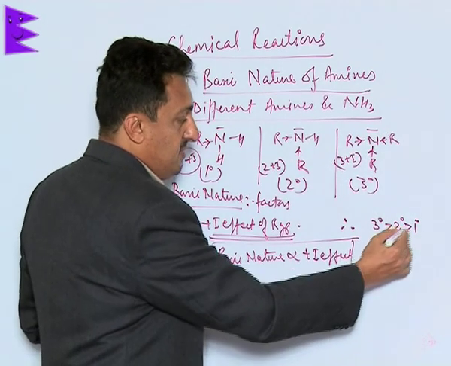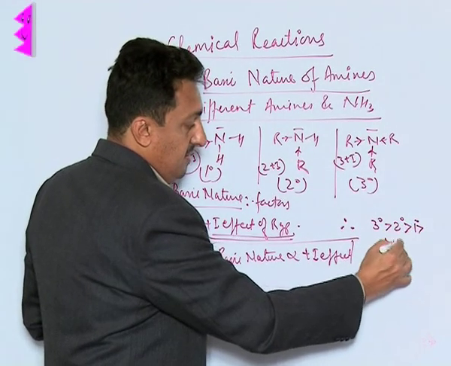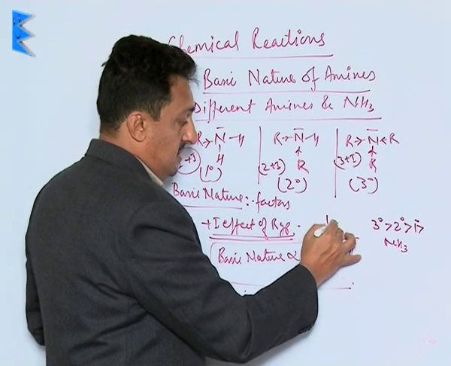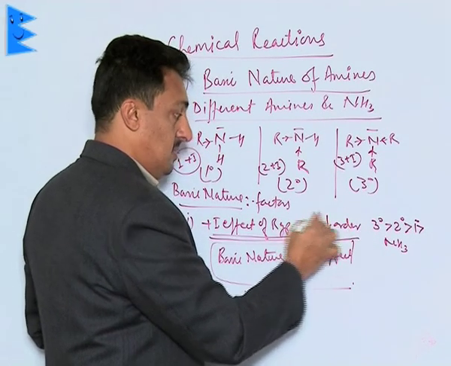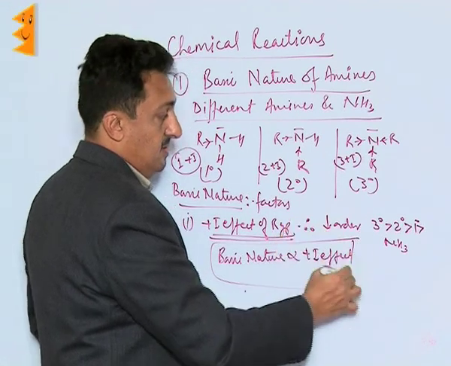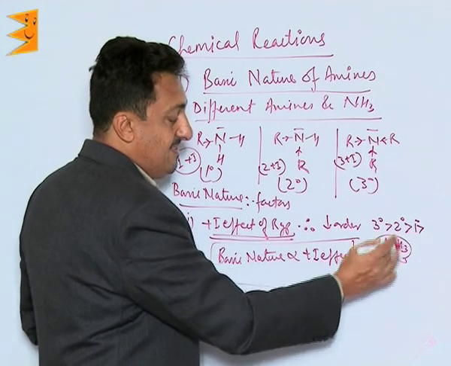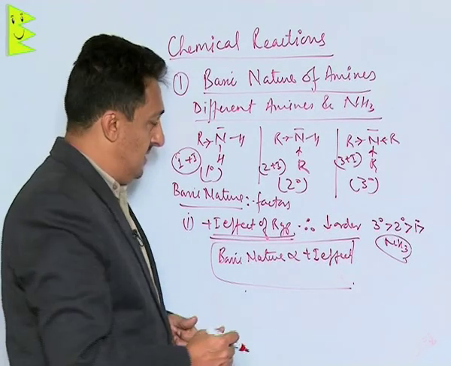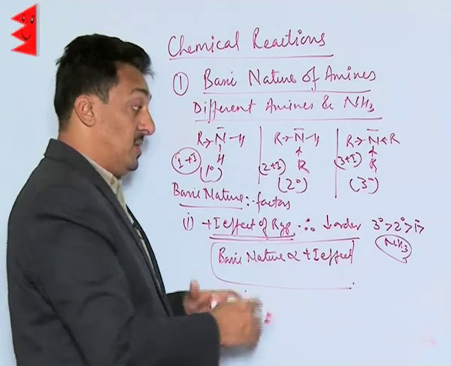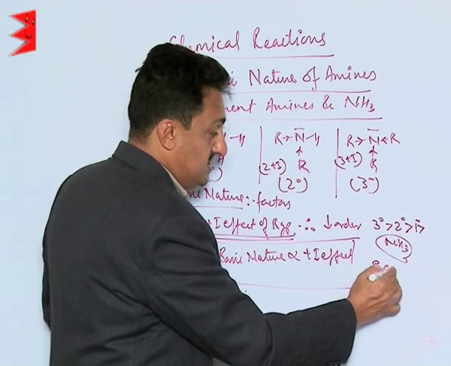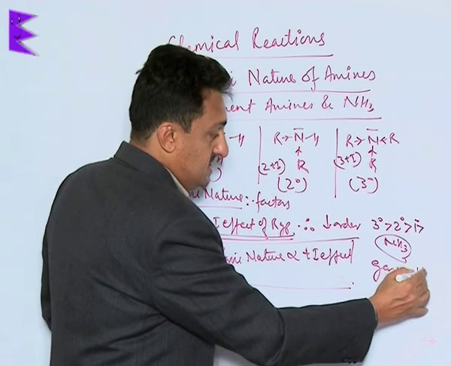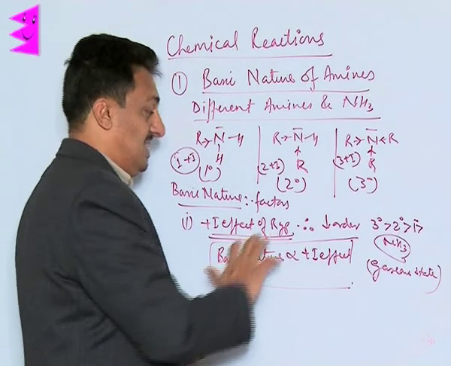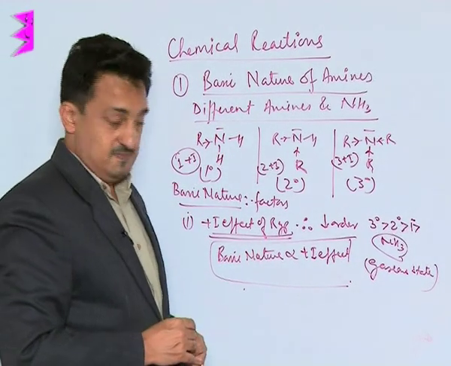And if we include ammonia, ammonia will be at the end. This is the decreasing order, remember the order. Why is ammonia the least? Because it is not having any R group to show plus I effect. This is the order which we also follow in the gaseous state, because in gaseous state no other factor plays an important role than the plus I effect of the R groups.